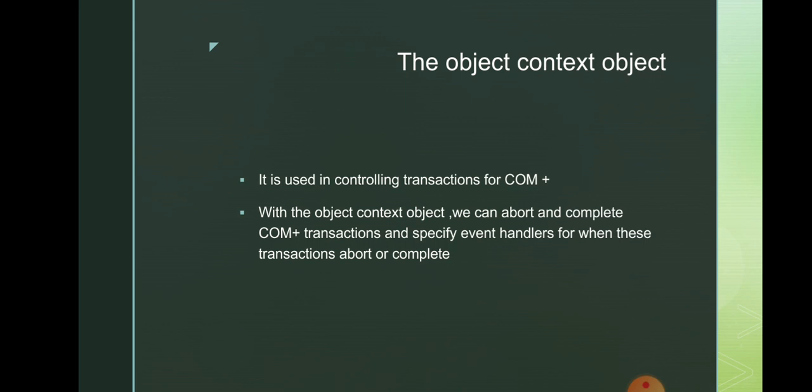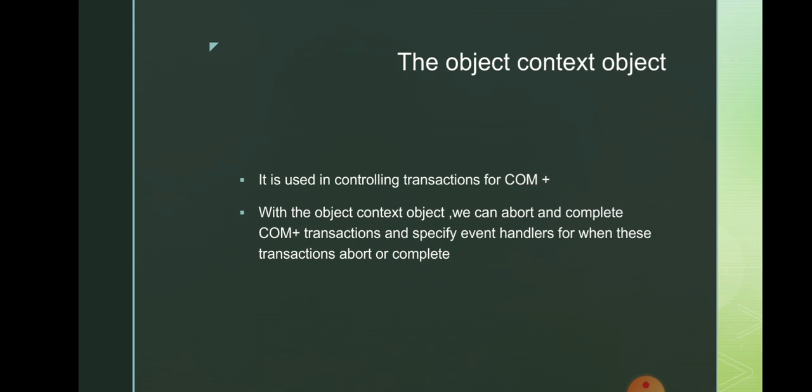What are they? Adding information to the server, or retrieving information from the server, or editing information on the server, or deleting information from the server. These are some of the transactions which are controlled with the help of the object context object.